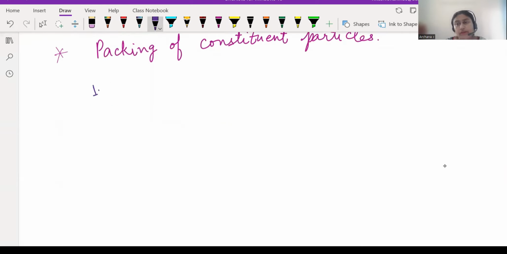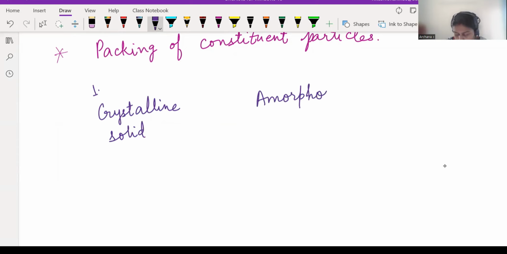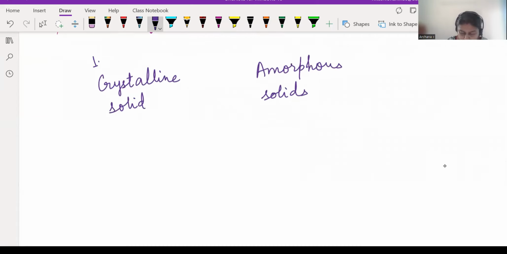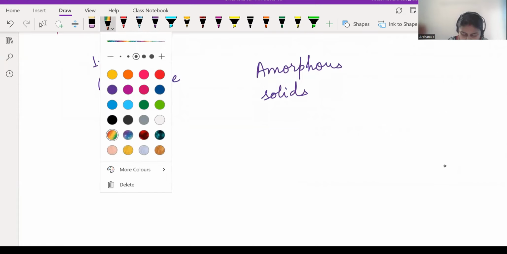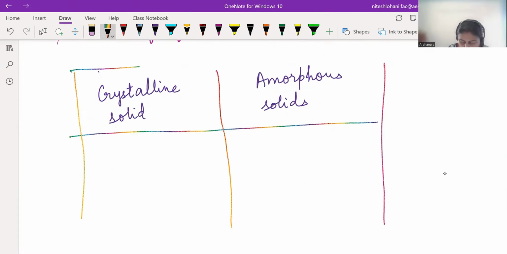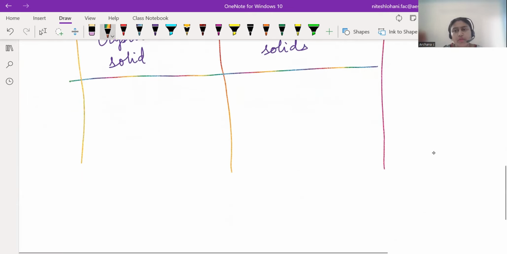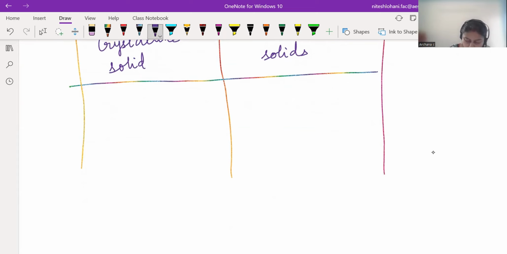So we will tabulate the various properties of crystalline and amorphous solid, and discuss the various properties one by one. So, the first and foremost important property is crystal geometry.